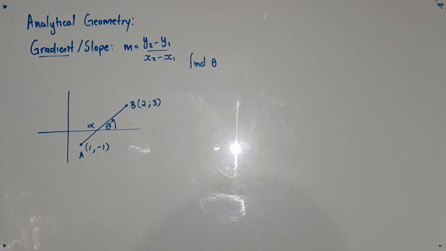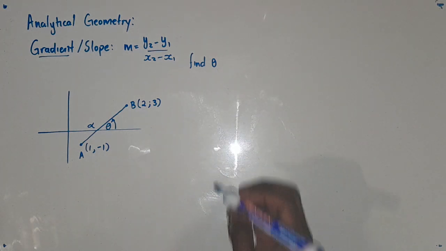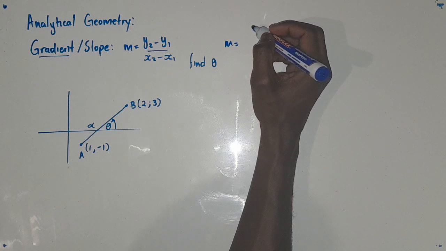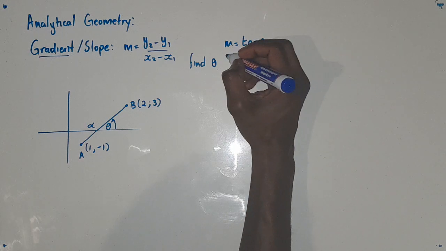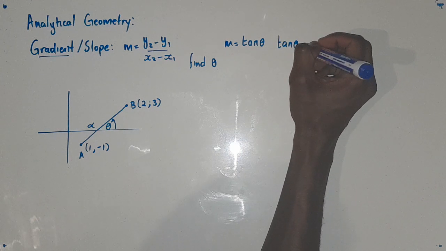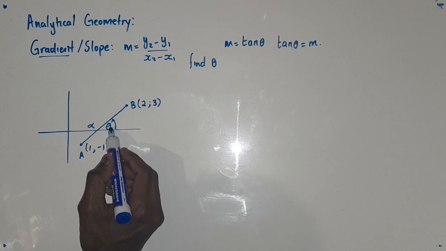Now, you see, then I just want to highlight something, that we have another equation of calculating the gradient, which is given by, let me just write it like this. You see, you can either write it like this, or some they like to write it like this: tan theta is equals to m. You see, doesn't matter. You see, then we need this angle, which is theta in this case.